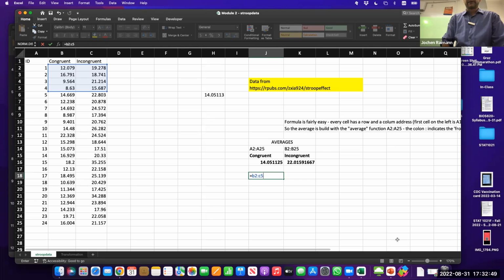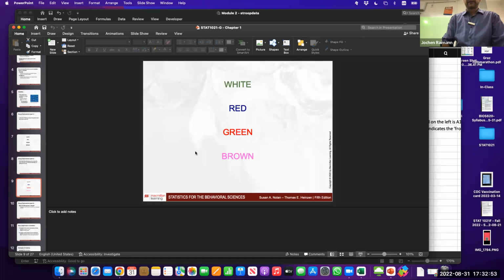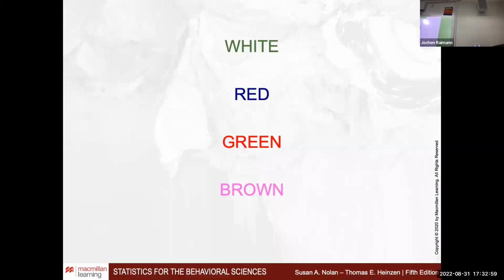So let's go back, and unfortunately I have a technical glitch here, but for the incongruent, this is terrible. No, it's actually not that terrible. You could actually distinguish. So this white is green. This red is green. This green is red.